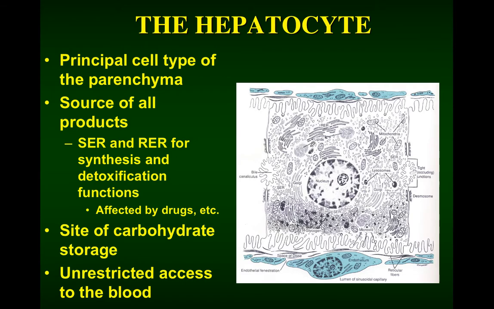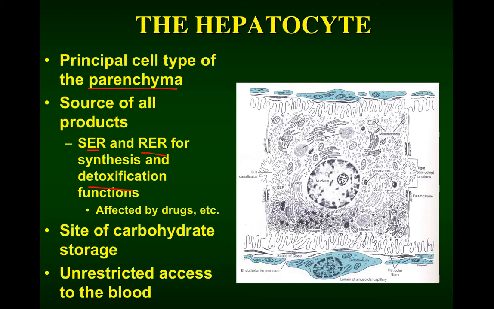As I said before, the hepatocyte is the principal cell of the liver, so that's why we call it parenchyma, whereas the connective tissue is called the stroma. These cells have well-developed smooth endoplasmic reticulum and rough endoplasmic reticulum for synthesis and detoxification functions. It's also the site for carbohydrate storage and lipid storage.